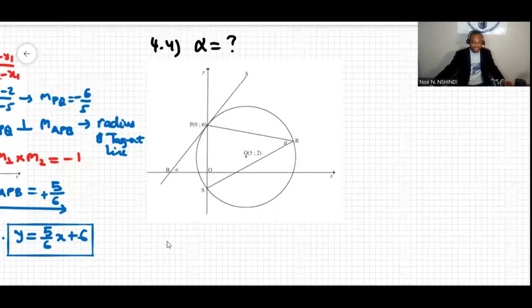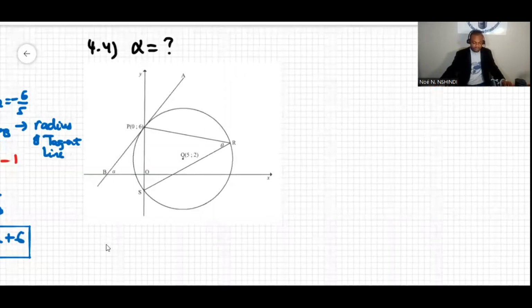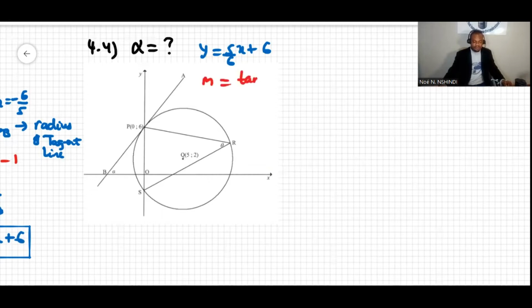We do know that, by definition, the gradient m is equal to tan of the angle.